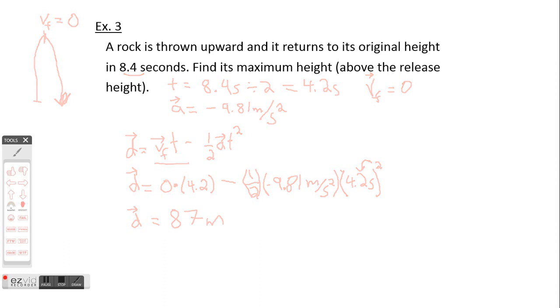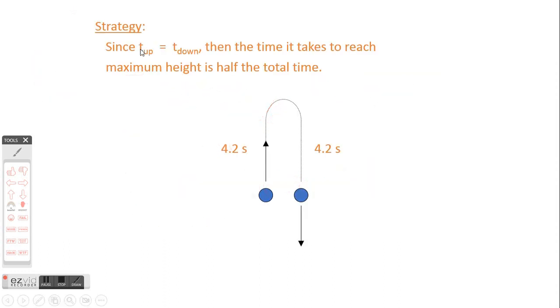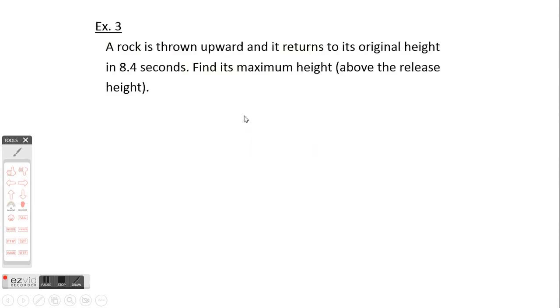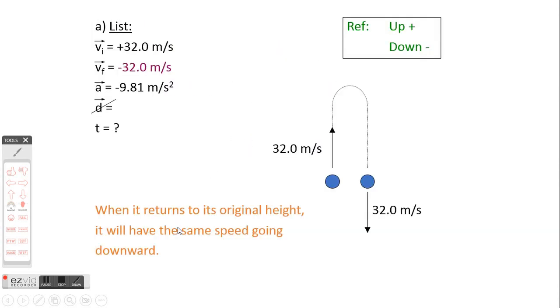And my displacement is going to be 0 minus 0.5 times negative 9.81 times, in brackets, 4.2 squared, and it's just the 4.2 that's in the brackets and the only part getting squared.